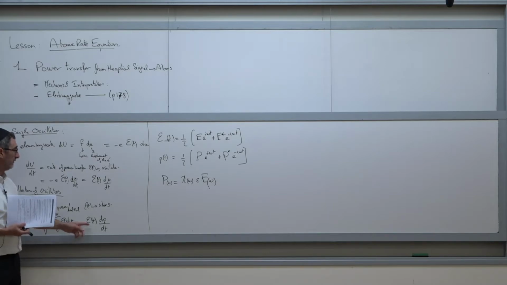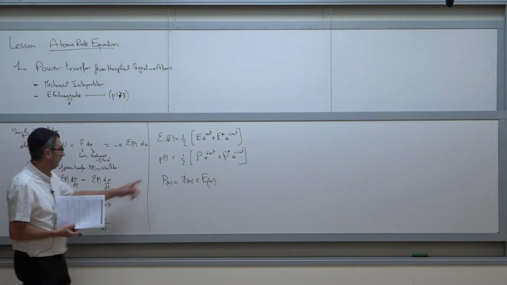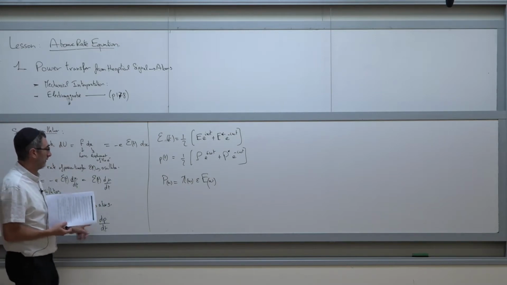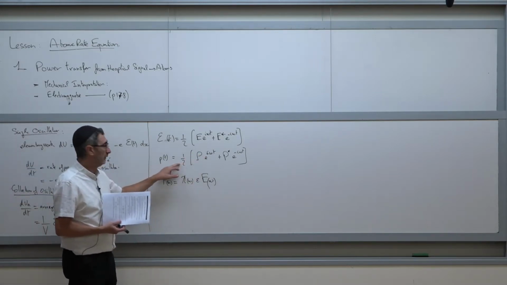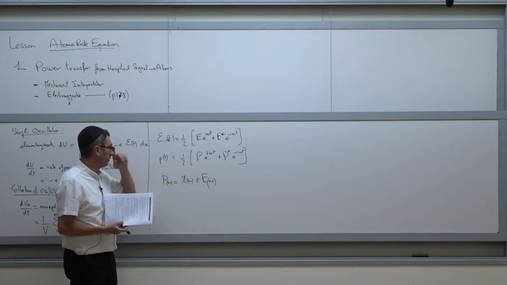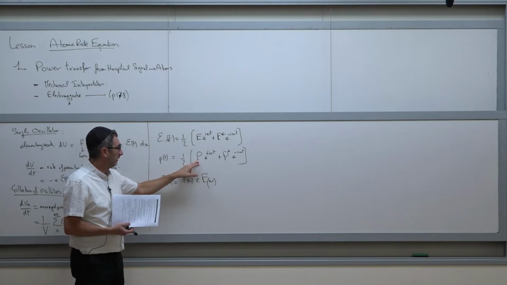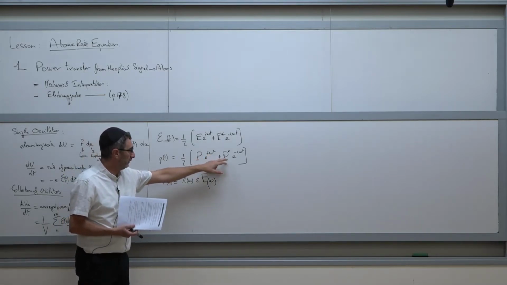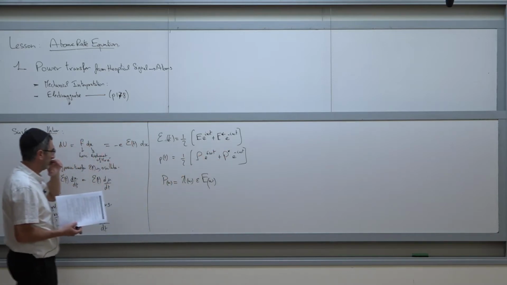So you see what you'll have. When you do the derivative of P here, there will be an i omega when you derive this expression, and you will have P exponential i minus omega t minus P conjugate.